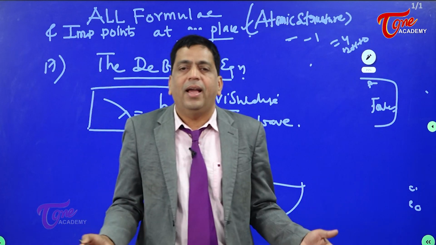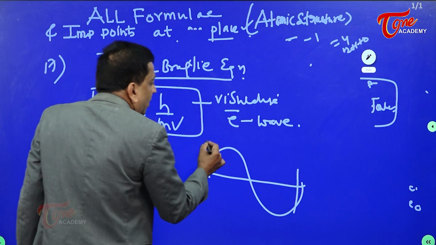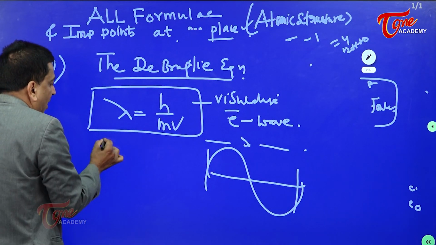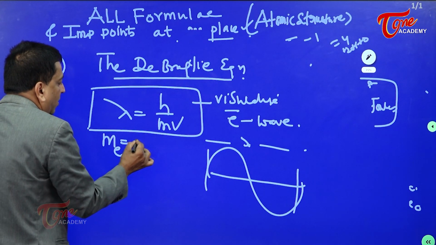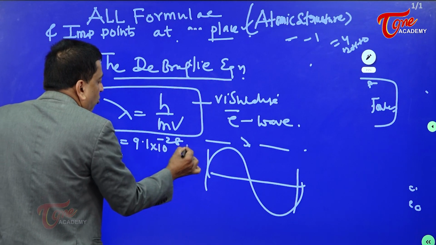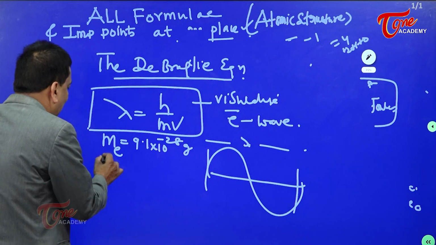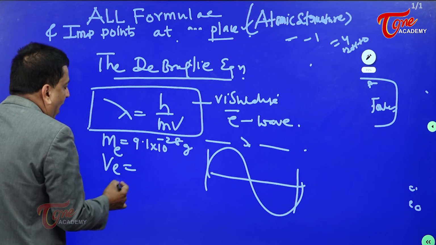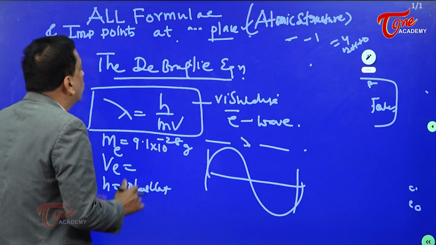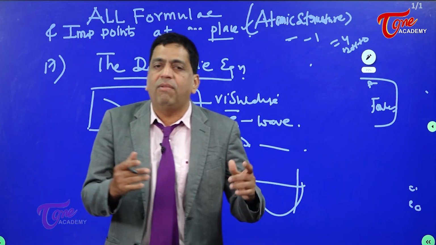That is a reality. If you wanted to find out the distance between the crest and the trough, and if this is lambda, the lambda can be found using this formula, where m is the mass of the electron, which is 9.1 × 10^-28 grams, and v is the velocity of the electron, and h is Planck's constant. So use lambda = h/mv to determine the wavelength of an electron.